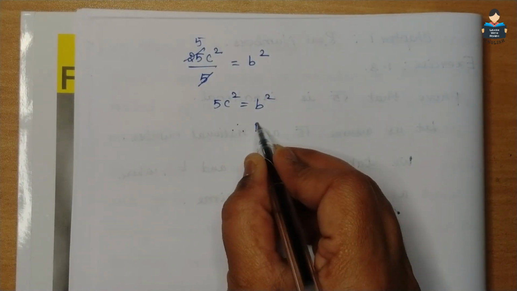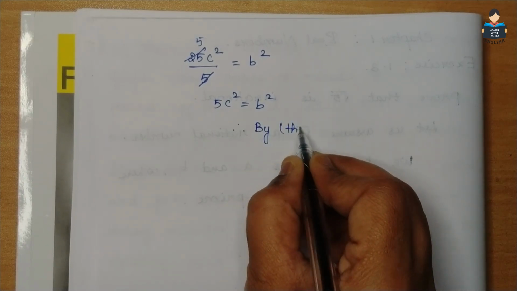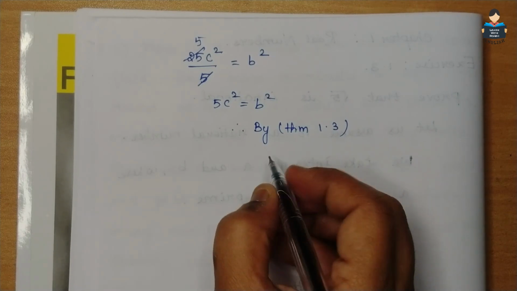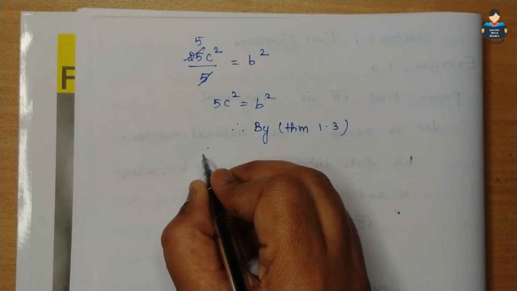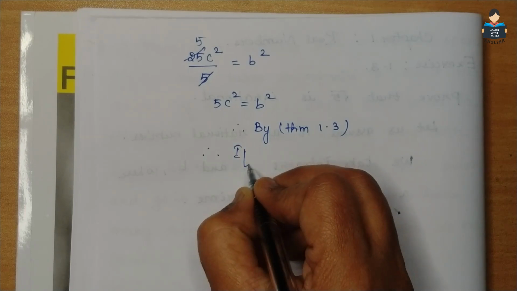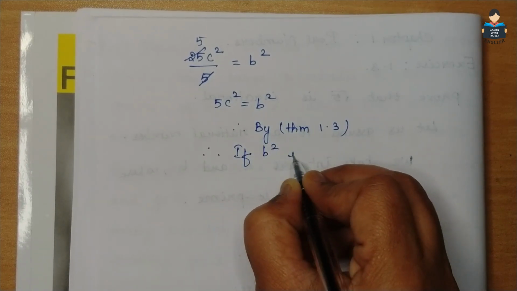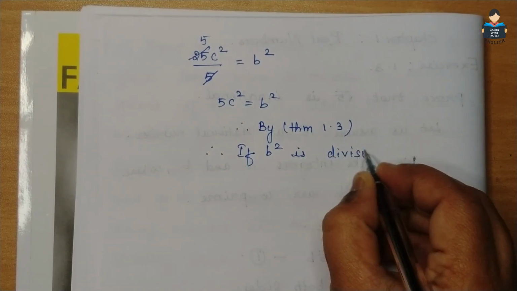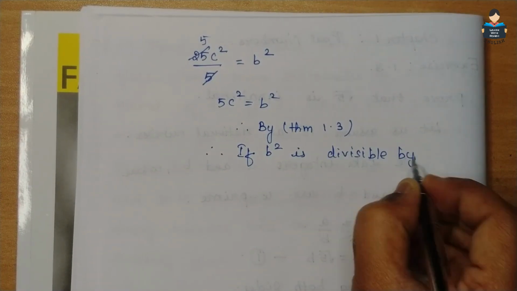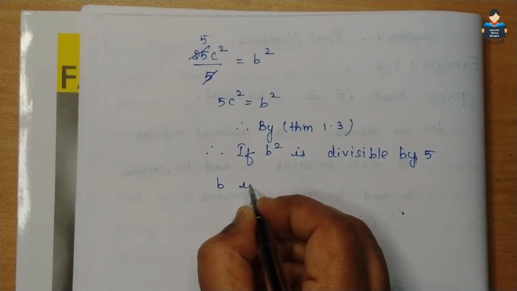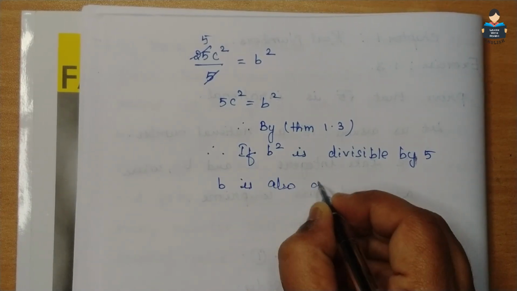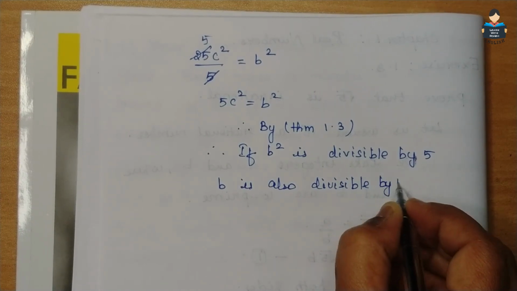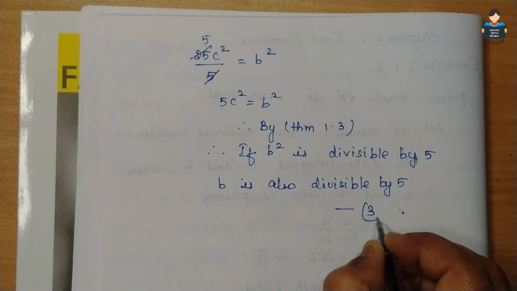So therefore, by theorem 1.3, again I am using the theorem. If B square is divisible by 5, then B is also divisible by 5. And this I am taking as 3.